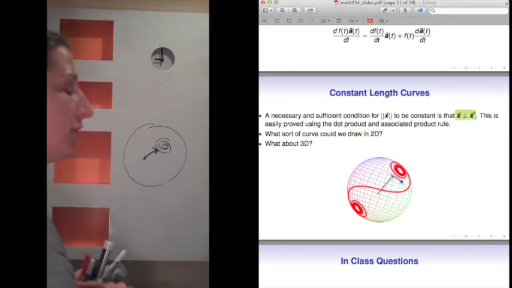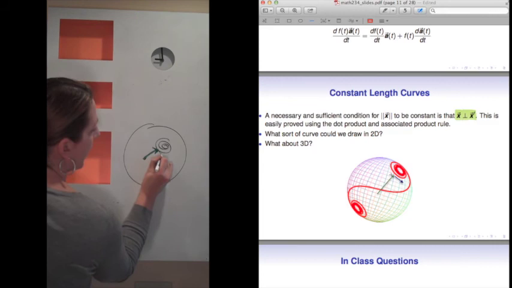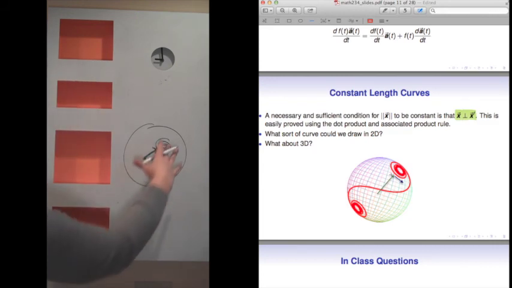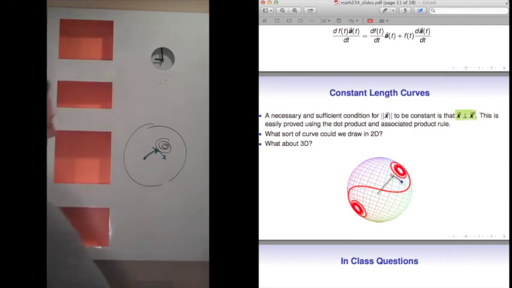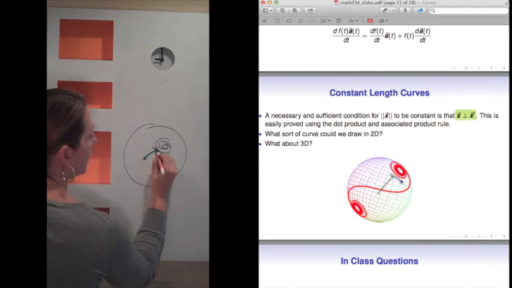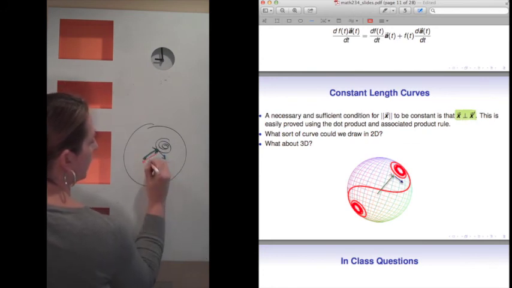I have my tangent vector, and that one is blue. My curvature vector, my normal vector, points back toward the center.